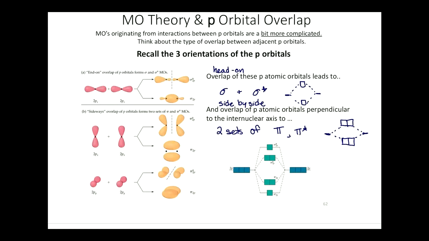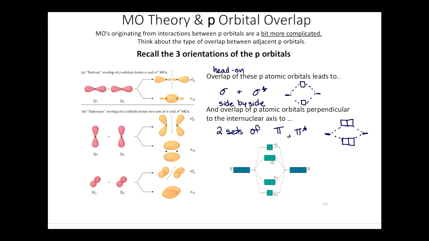The first interaction is sigma. It's a sigma bond. If you think about pz orbitals, if they're on the internuclear axis, they can overlap in that head-on fashion, the first set. So the first interaction is sigma between p atomic orbitals.